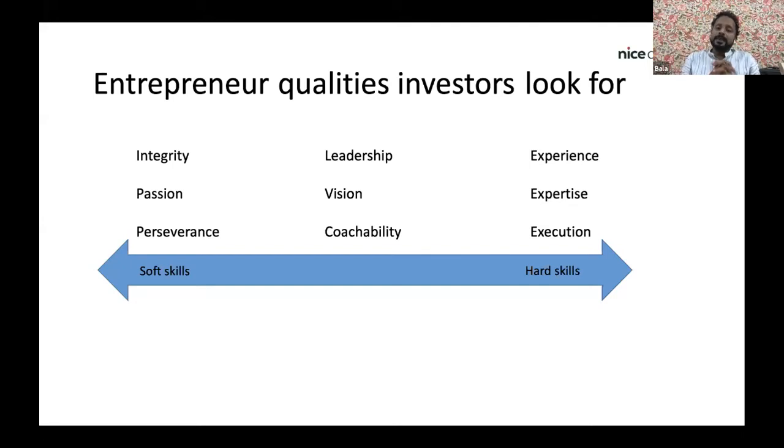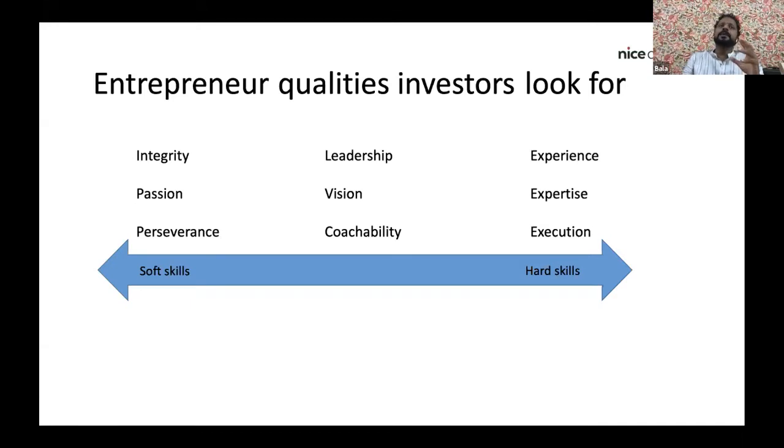Then you look at something in the middle that talks about your leadership, your vision, and whether you are actually coachable. This is one of the very critical qualities that an investor looks for: while you may have confidence, are you coachable is very important. Having confidence is good, but overconfidence is bad.